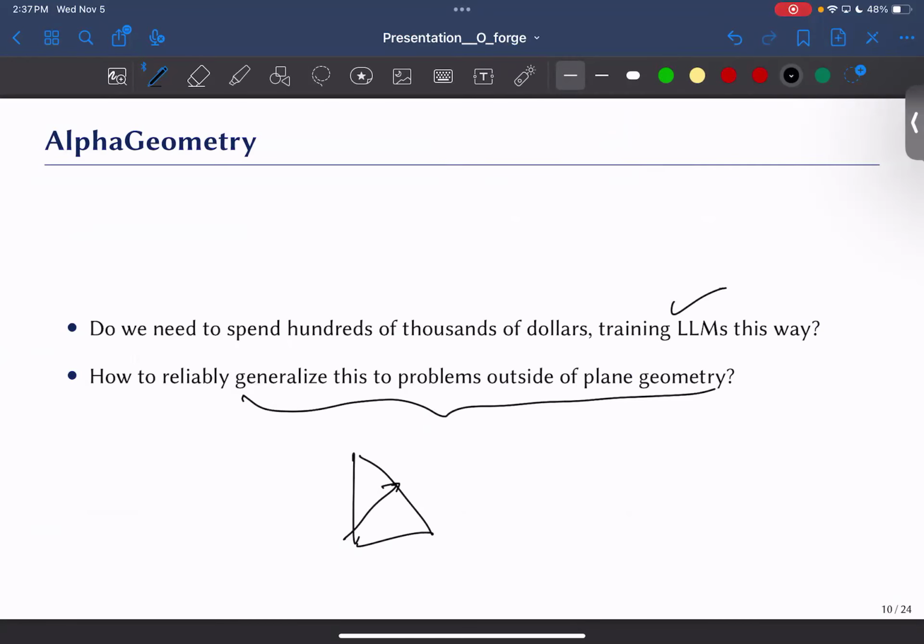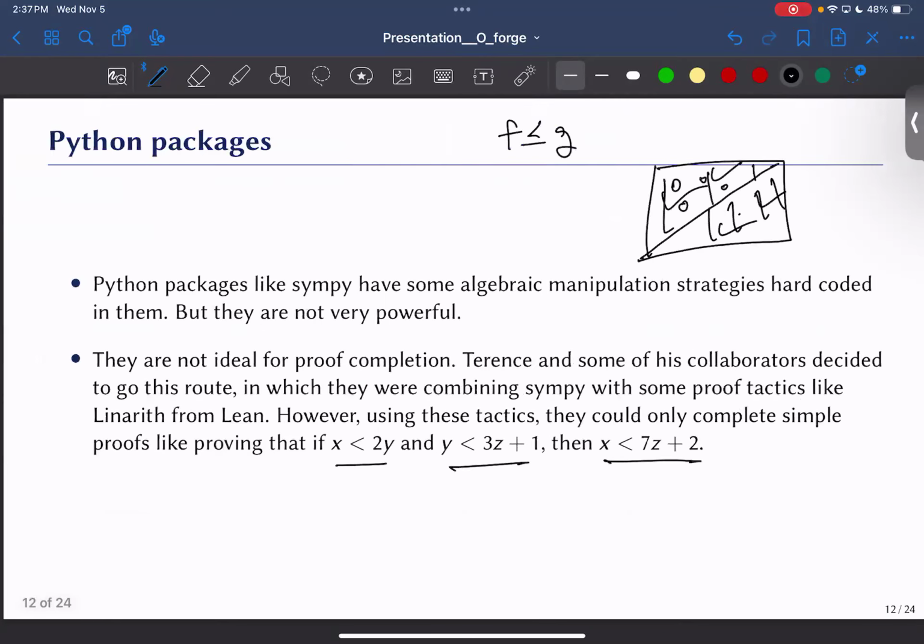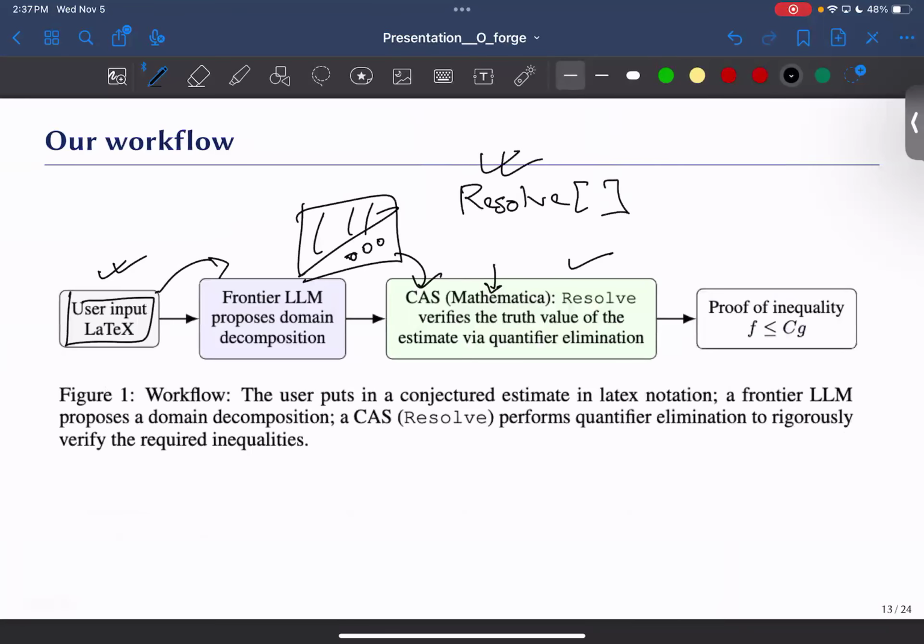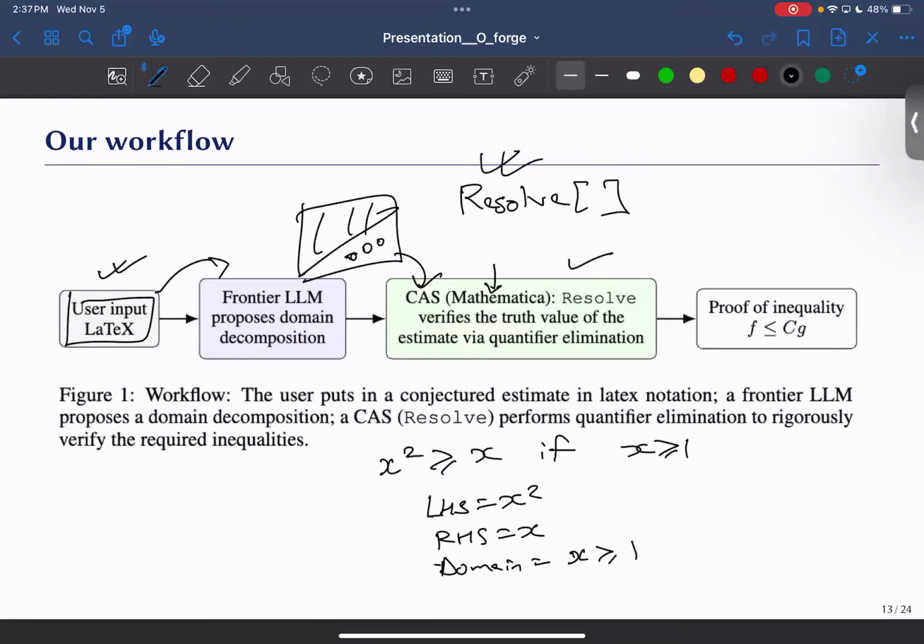That's correct. For example, there's Python code in between, so you have to create an instance of a certain Python class. For example, if you say prove that x squared is greater than or equal to x, if x is greater than or equal to 1, then the correct format is that LHS is equal to x squared, RHS is equal to x, and the domain is x greater than or equal to 1, etc. So then you have to process it.